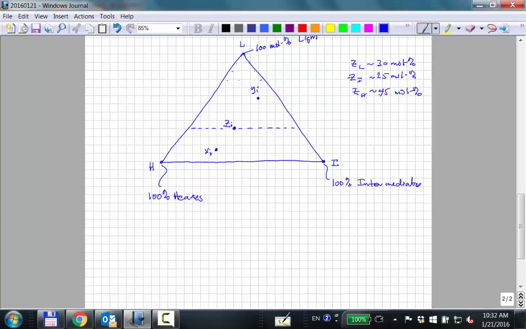Okay? And there should be a straight line joining all three of those compositions. Okay? And this line here is called a tie line.